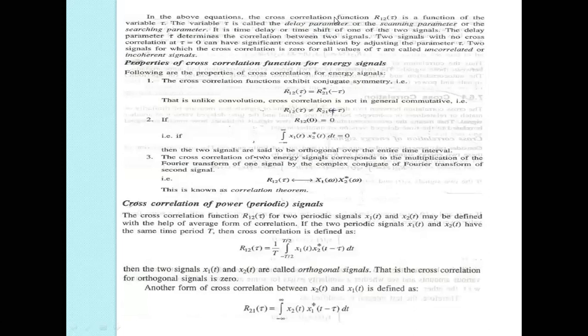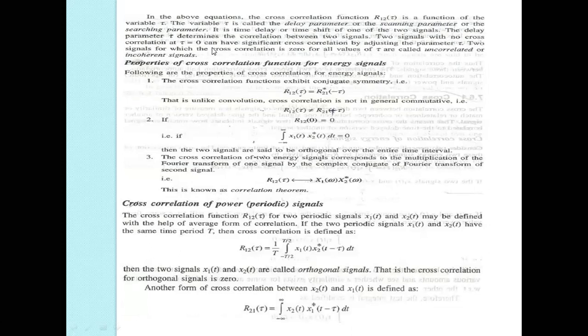In the above equation, the cross correlation function R12 of tau is a function of the variable tau. The variable tau is called a delay parameter or scanning parameter or searching parameter. It is a time delay or time shift of one of the two signals. The delay parameter tau determines the correlation between the two signals.